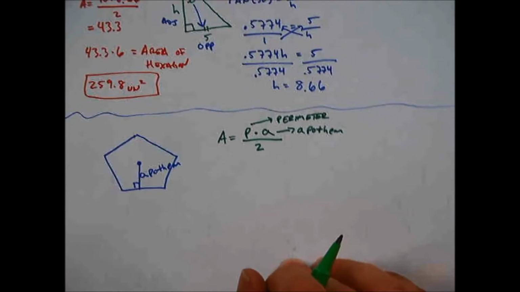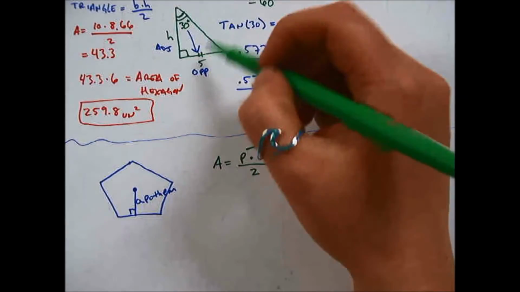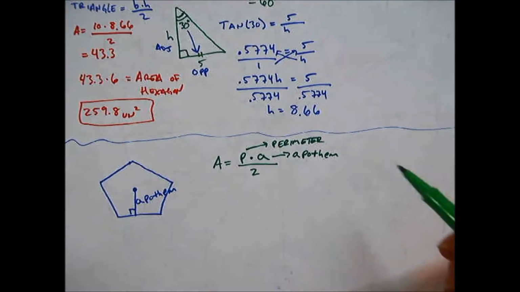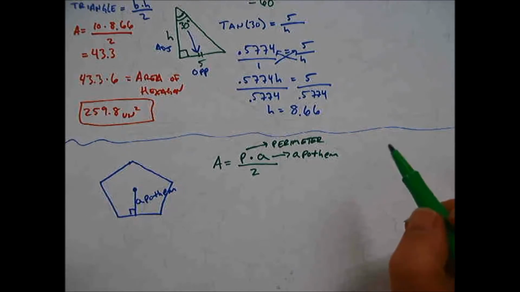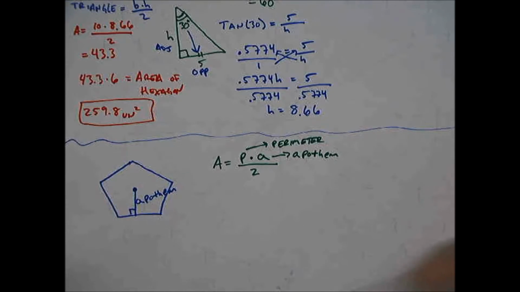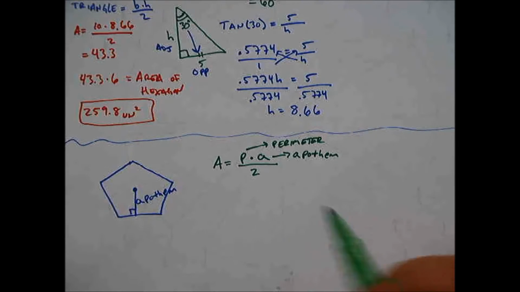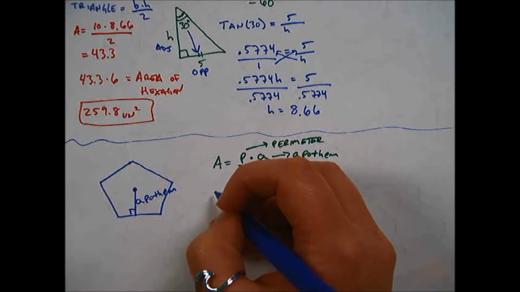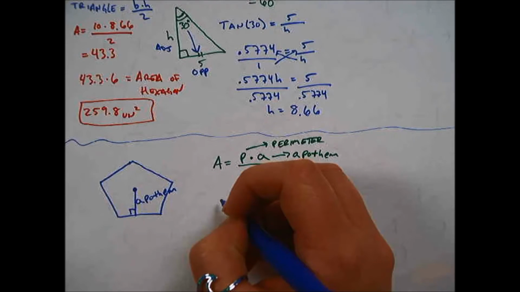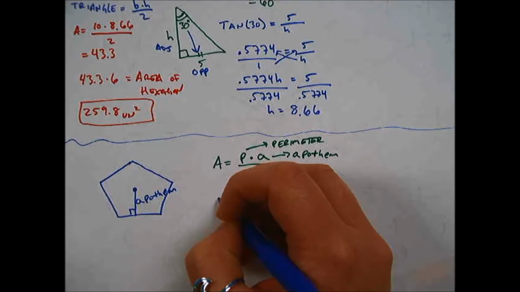So that was what we did with this whole picture up here, finding the height of that triangle. And actually, there's a formula we can use for that too, that takes all of this work and puts it into one step. And it generalizes it for any regular polygon, not just any shape, I guess. Okay.